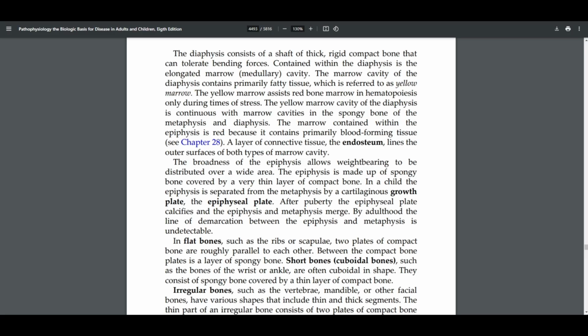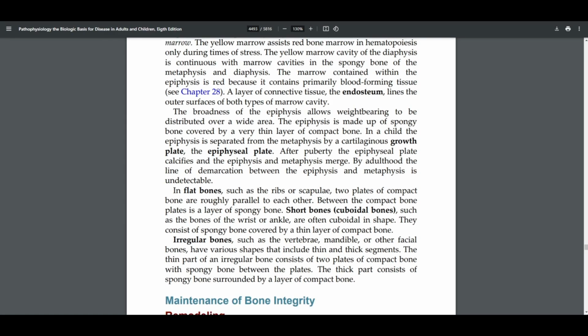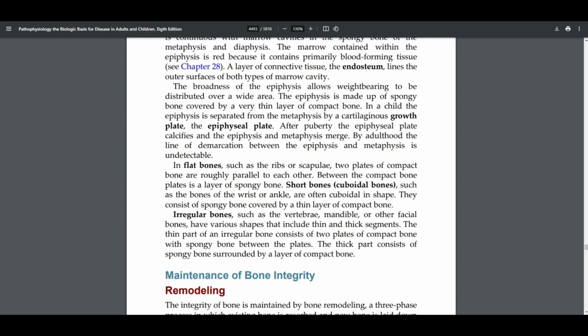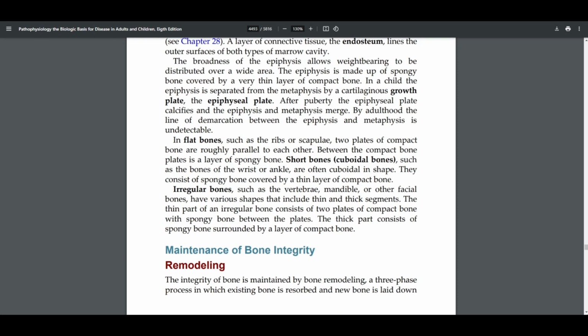The yellow marrow cavity of the diaphysis is continuous with marrow cavities in the spongy bone of the metaphysis and epiphysis. The marrow contained within the epiphysis is red because it contains primarily blood-forming tissue. A layer of connective tissue, the endosteum, lines the outer surface of both types of marrow cavity. The broadness of the epiphysis allows weight bearing to be distributed over a wide area.